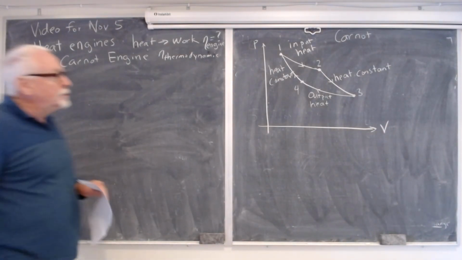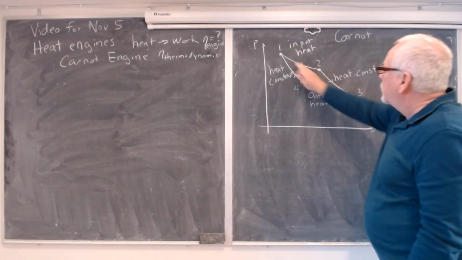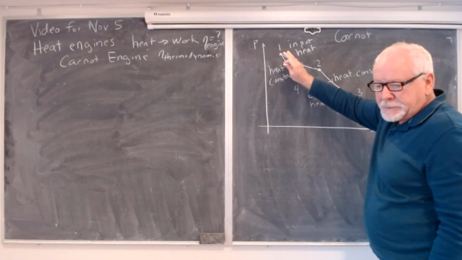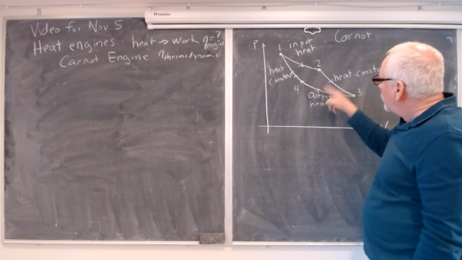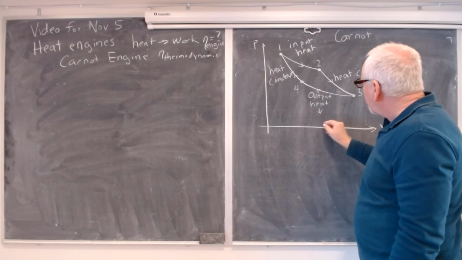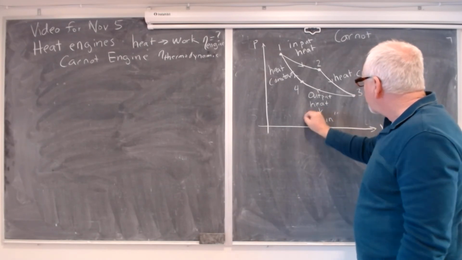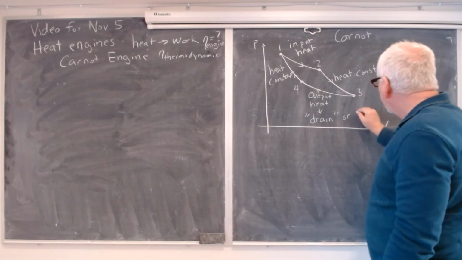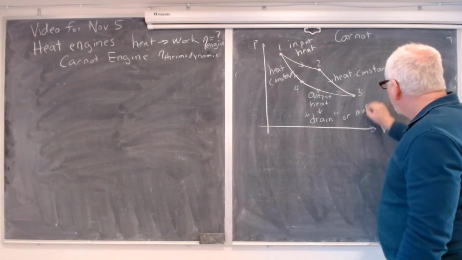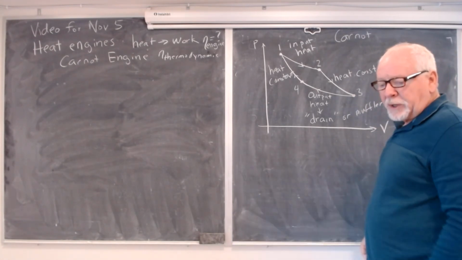That comes from the fact that in order to get a cycle that has an open curve like this, there has to be a portion of that cycle where you output heat, which metaphorically goes down the drain, or out your muffler. It's discarded as waste.